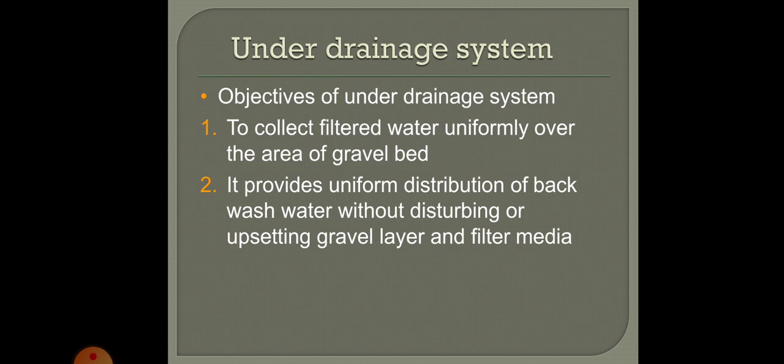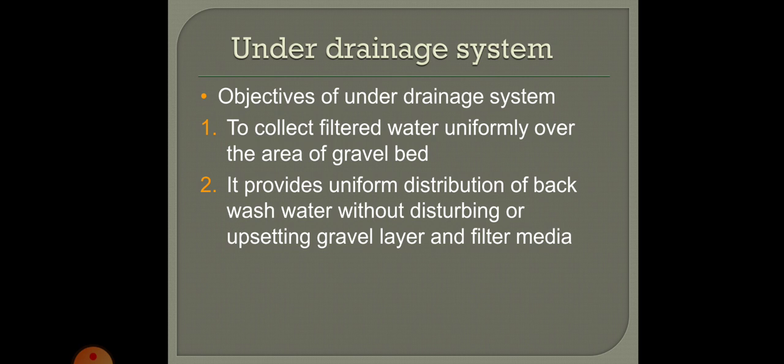So this is the main purpose of an under drainage system. It collects the water that is filtered through the filter media, and it is transported to the next process in water treatment through the outlet. And one more purpose it serves is to provide a uniform distribution of the backwash water.